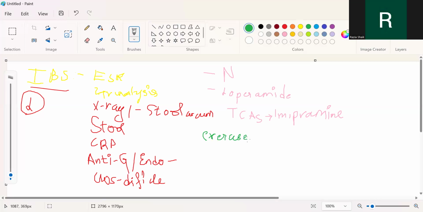So, just tell them to relax and have a proper exercise regimen. Also, in terms of diet, you can advise them to have a low cow's milk diet, because most likely it could predispose even if they are not allergic to lactose.